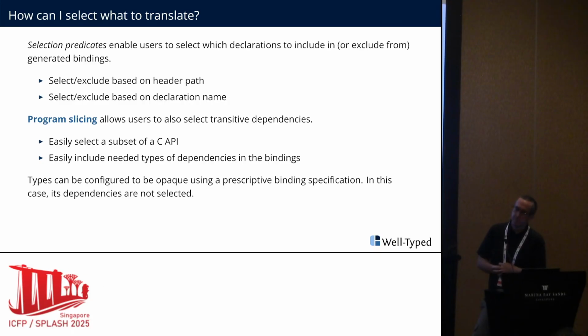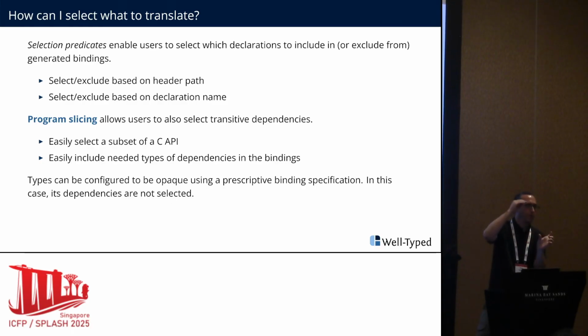In addition, we implemented program slicing, which allows users to select transitive dependencies. For example, I have two very common examples here. One of them is that you have some kind of library that you want to create bindings for, but you don't want to select all of it. You just want some subset of the library, because it's a very complicated library. You can use the selection predicates to choose which part of the library you want, but you also need the dependencies of that part of the library.